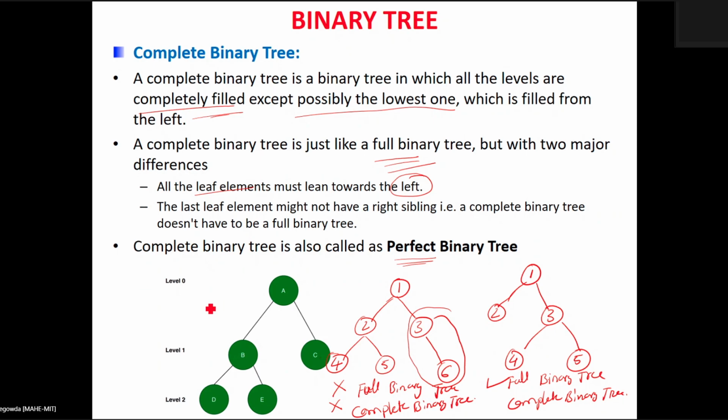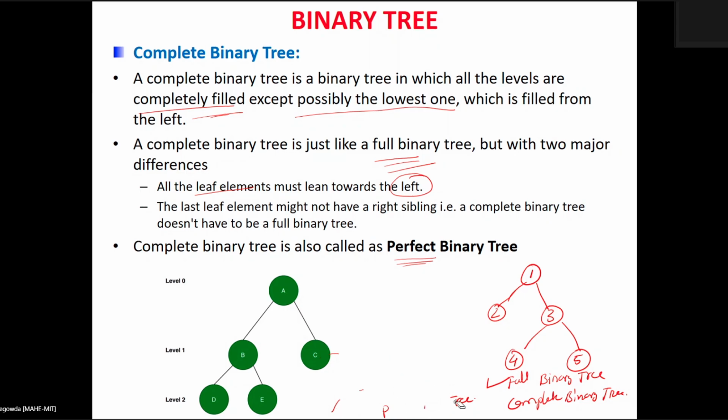And look at another example. I'll remove this first one. I have a root node 1, it has left child 2, right child 3, and 2 has a left child 4.